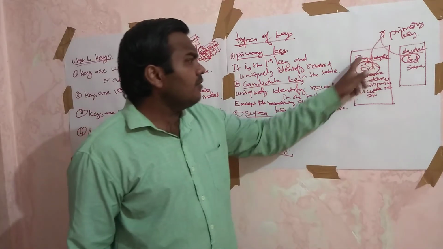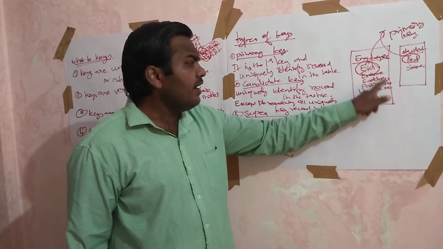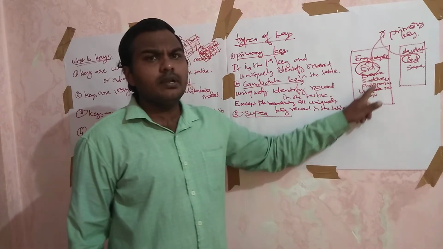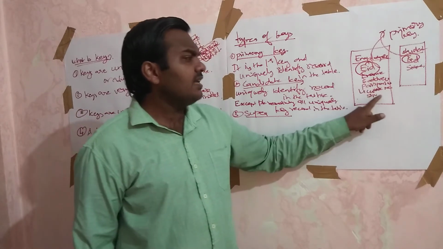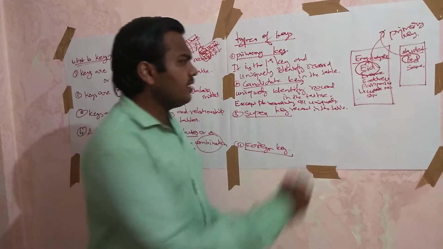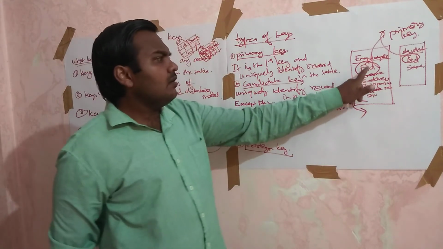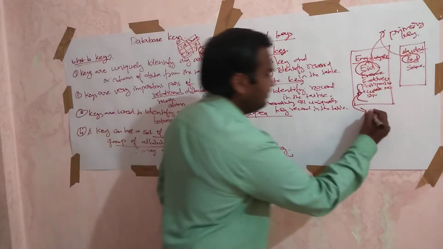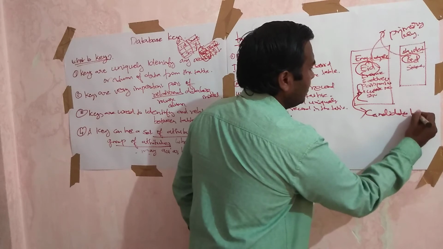According to this example, employee ID is the primary key, and all the remaining uniquely identifying keys in the table are candidate keys. So here passport number, license number and SSN number become candidate keys because each uniquely identifies a record, other than the primary key in the table. So they become candidate keys.